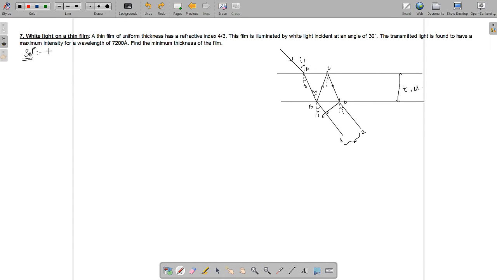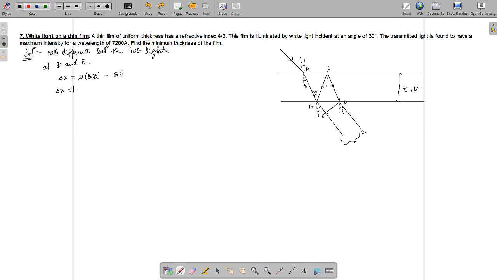So let's start with the solution. Now the path difference. First, we calculate the path difference between the two lights at D and E. That should be given by delta x is equal to mu into BCD, since the path BCD is the path traveled in the film of refractive index mu, minus BE, the extra path traveled in air. Now BCD can be calculated with angle r, where BC will be t by cos r.